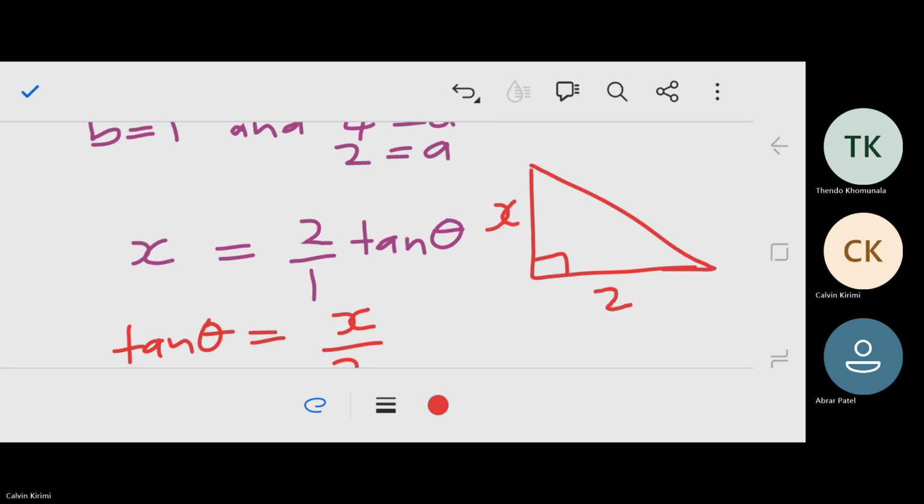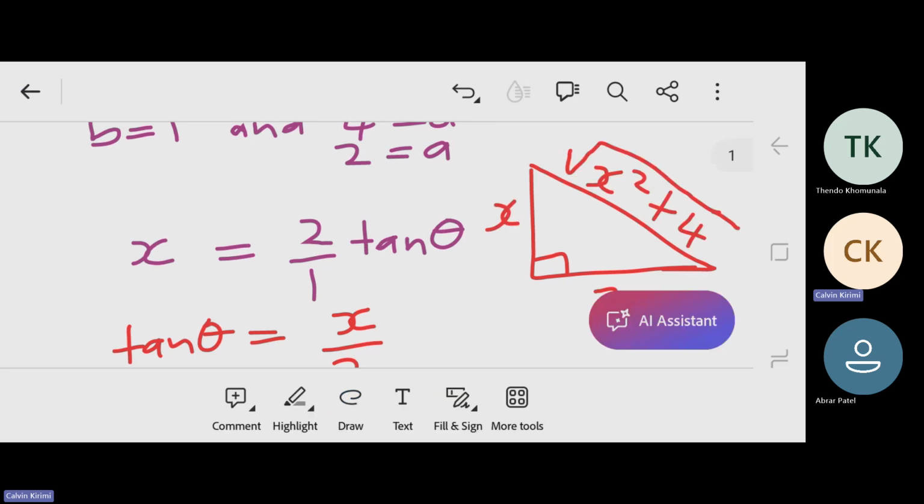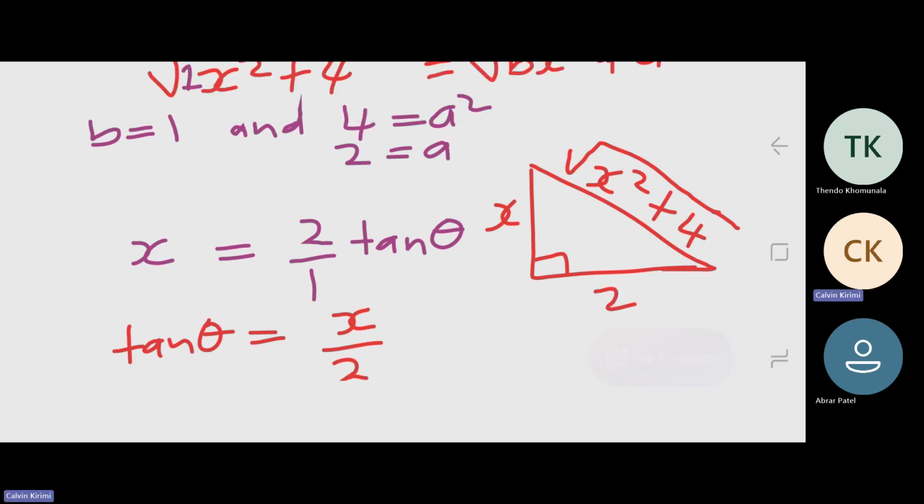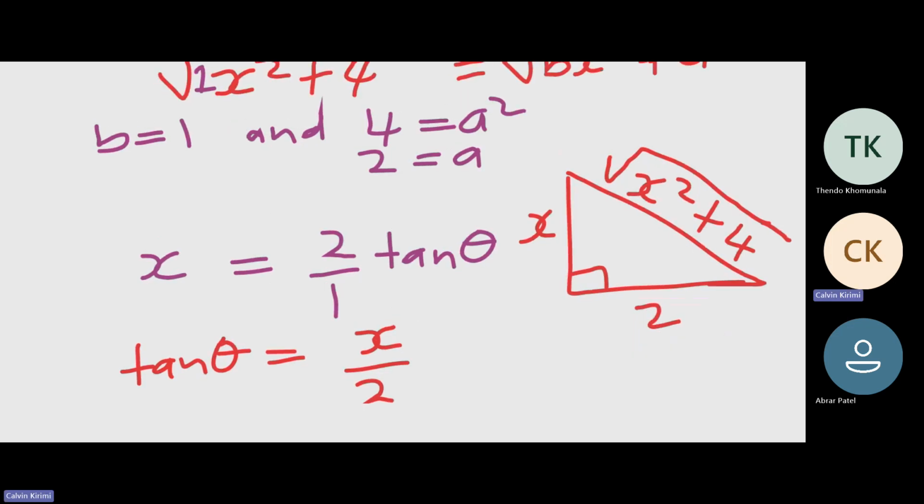Then the hypotenuse will be the root of x squared plus 2 squared, which is what was under the square root. What was under the square root was x squared plus 4. So this is the information that we have acquired so far.